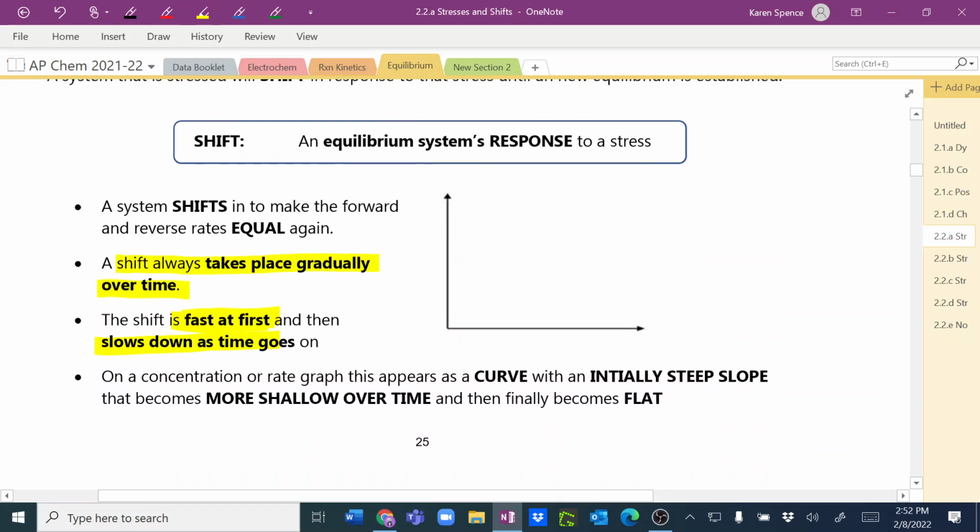So let's say this is a concentration graph, and I have my NO2, and I have my N2O4. And let's say I increased the concentration of the N2O4, and that was our stress.